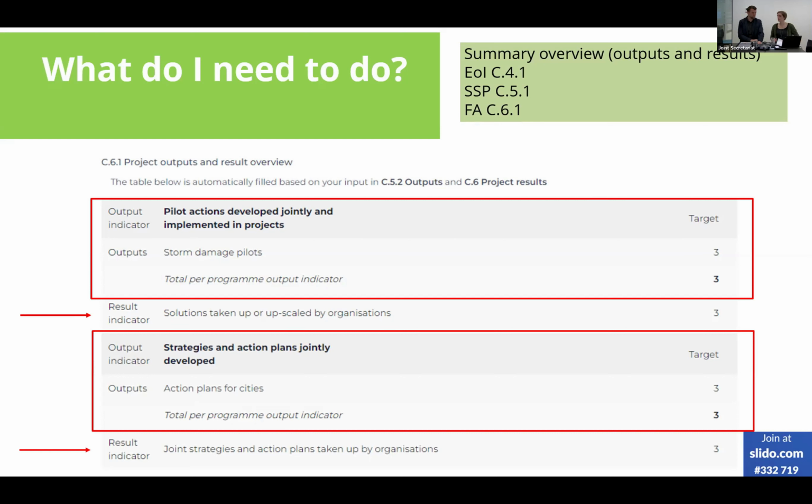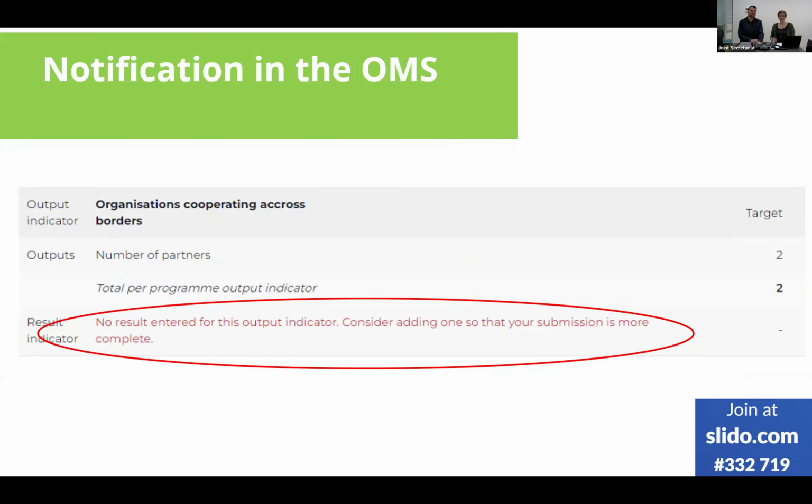I think we can move on, Peter, to something that some participants might have seen already in the online monitoring system, which is a notification in the monitoring system.